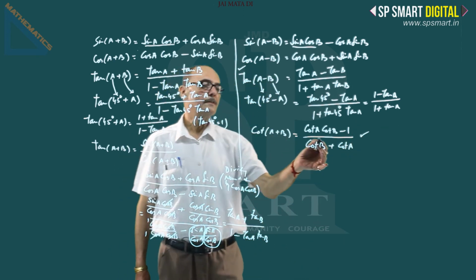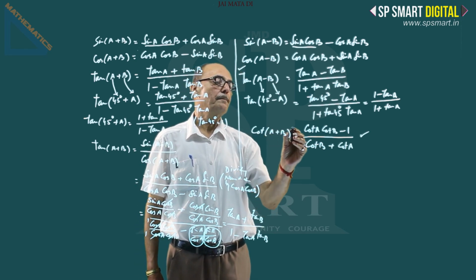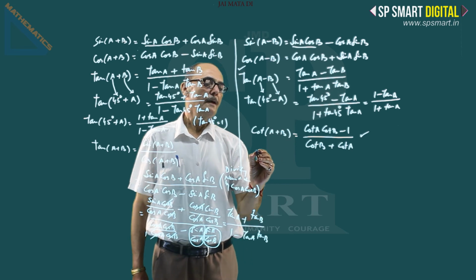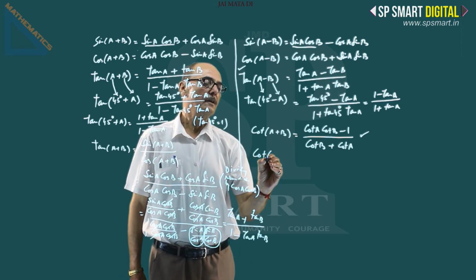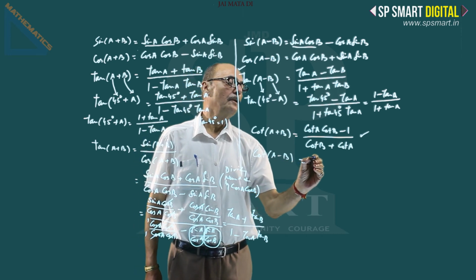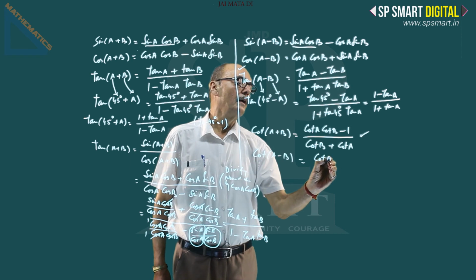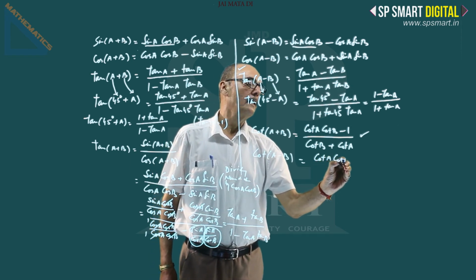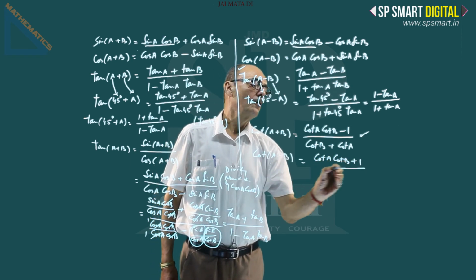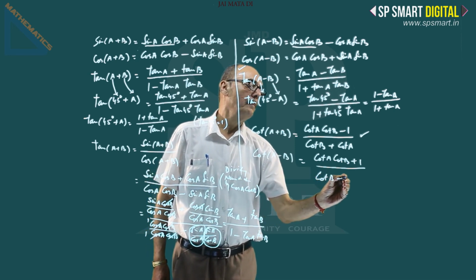You can prove this result by writing cot A plus B as cos A plus B over sin A plus B, and likewise cot A minus B. So, this is equal to cot A cot B plus 1 upon cot B minus cot A.